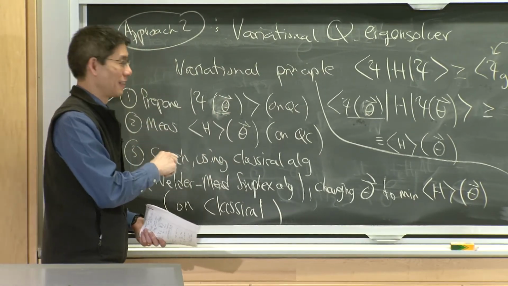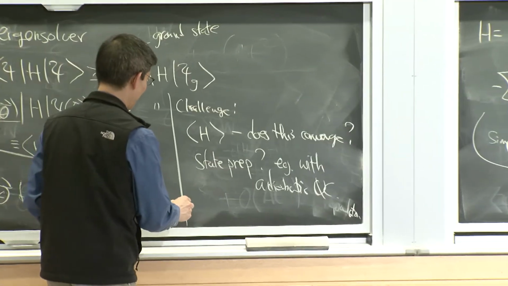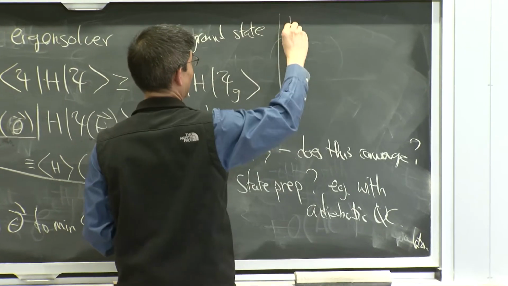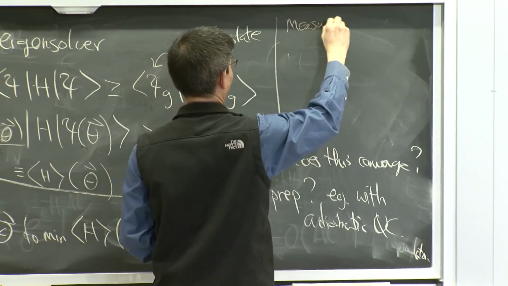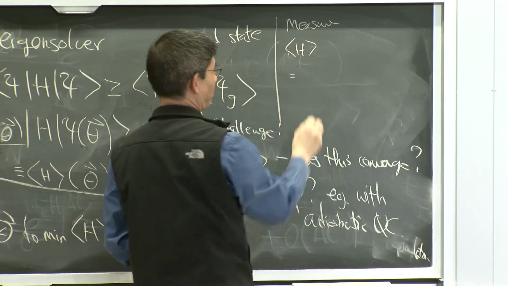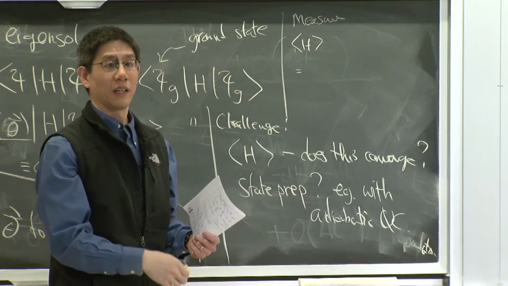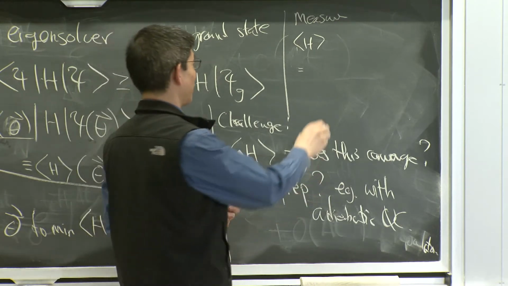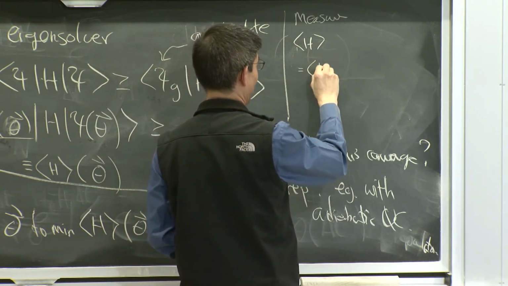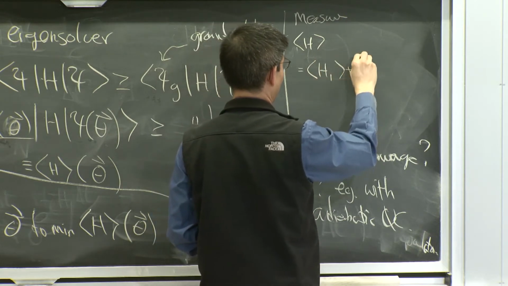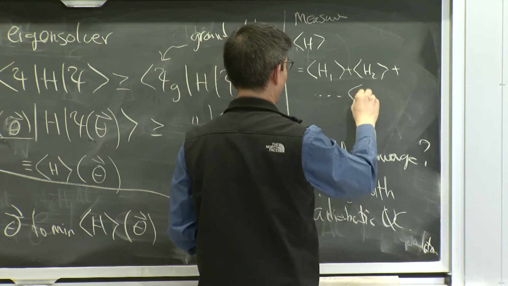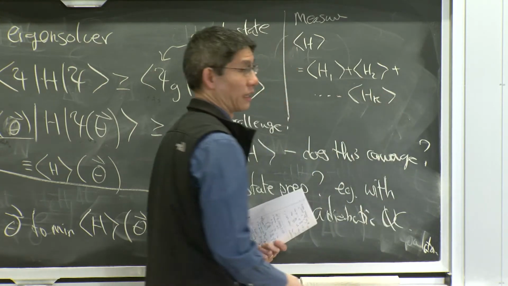Okay, and related to this first challenge is how you measure H. And one way people have done this is to measure the terms of H. So you can say this is actually equal to the average expectation value of H1 plus H2 plus all the way up to however many terms there are in here.